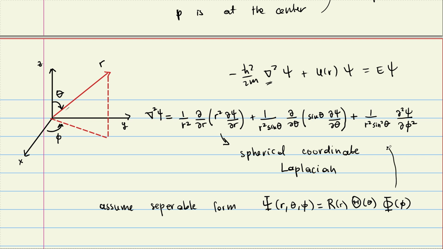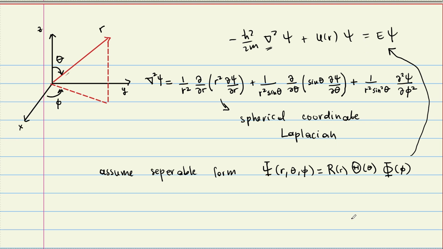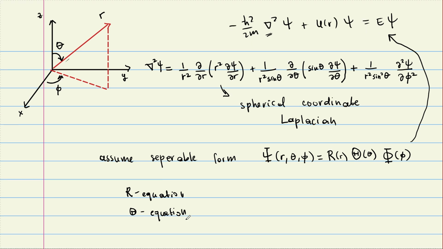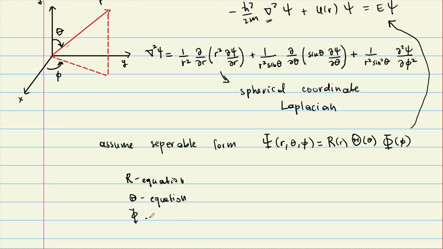We are going to substitute it here. I mean, not there, this is just the Laplacian. We are going to substitute it into the Schrodinger equation, and we are going to hope that we can do exactly what we did for the box, and separate the equations. We are going to have an R equation, a theta equation, and a phi equation. Not only equations, but also one more thing, right? What is the most important thing to label these things?